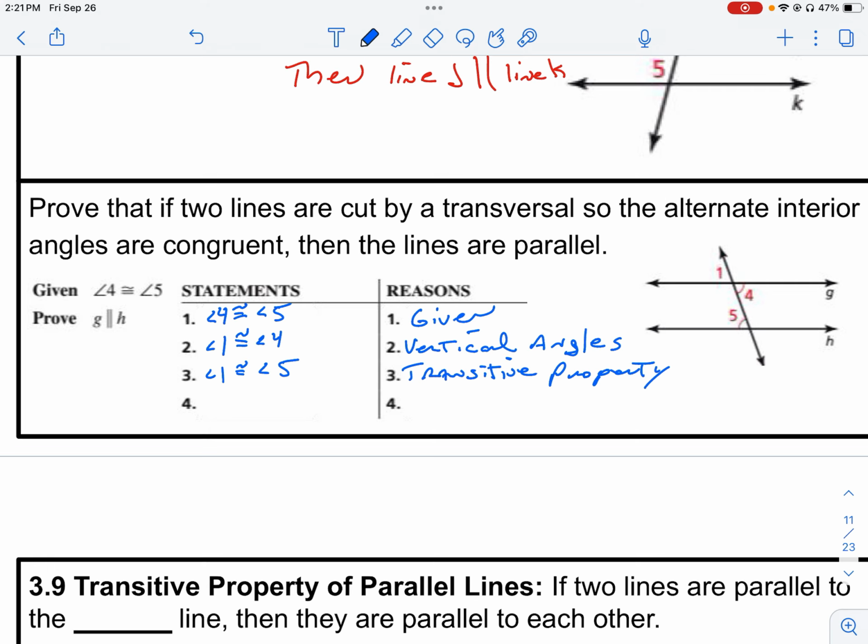And since 1 is congruent to 5, we have G is parallel to H by the corresponding angles converse.